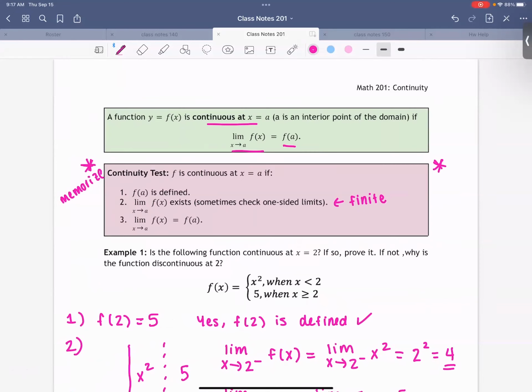It's not like infinity where it goes. Good, right? Because when we find limits, yes, a limit can fail to exist. Sometimes we say the limit is infinity or negative infinity as well. That wouldn't count for number 2. Okay, so if you find the limit and it's negative infinity or positive infinity, it doesn't check off number 2. Okay, so it has to be a finite limit as well.